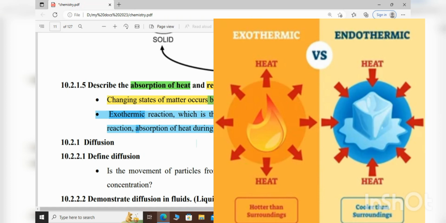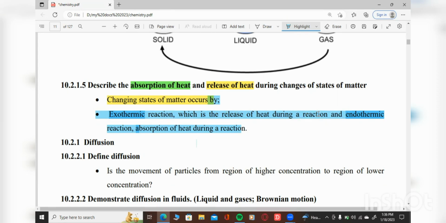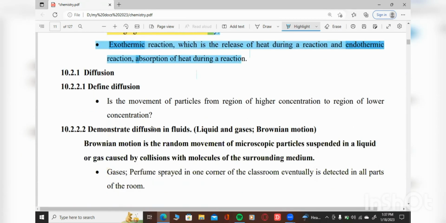For example, when you are boiling something, meaning you need heat to come in. When you're cooling something, it means you are giving out what? Heat. So this is what you need to understand, and that is about the exothermic and the endothermic reactions. Okay, so these two reactions help very much in this change of state. Remember, this is about the change of temperature, either the increasing or the decreasing of temperature.